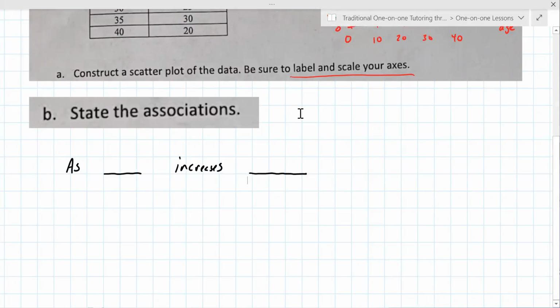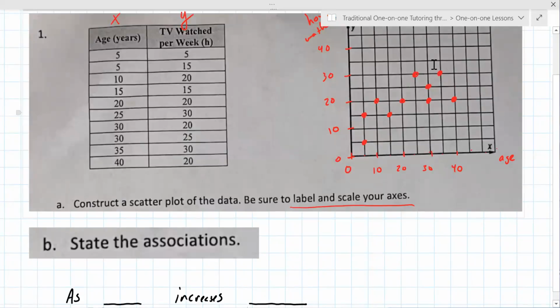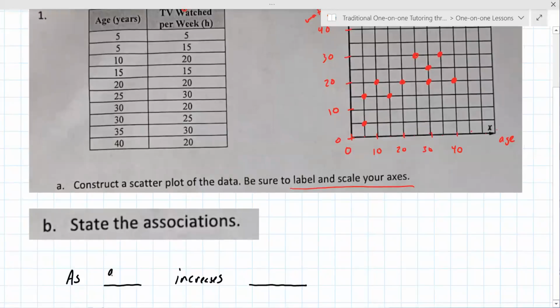So for example, going back to this last picture, do you see that it generally trends up and to the right? Yeah, I see that. Okay, so we would say as age increases, as we go right, the TV watched, and then you have to choose here, does it go up or down? Well, it increases. Yeah.